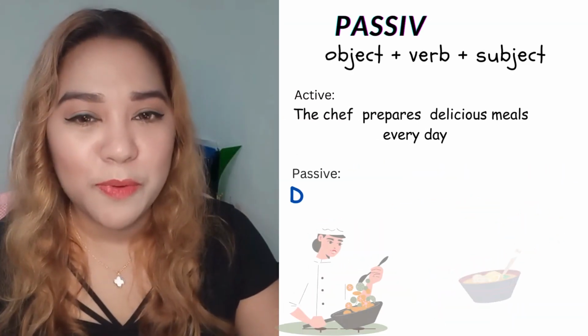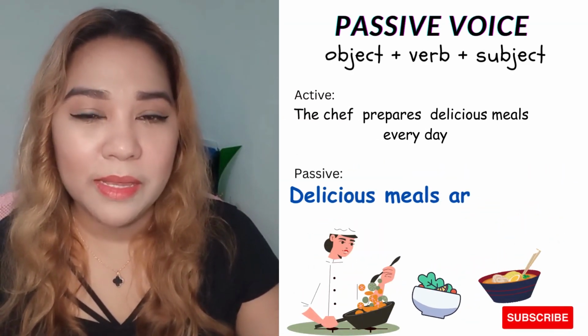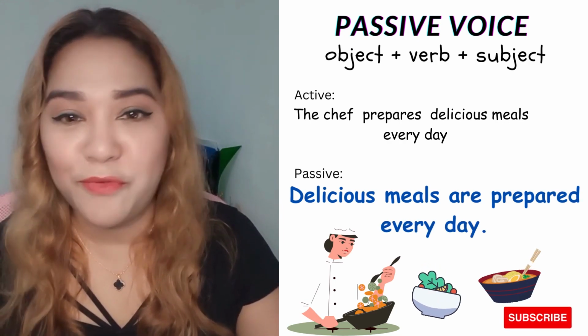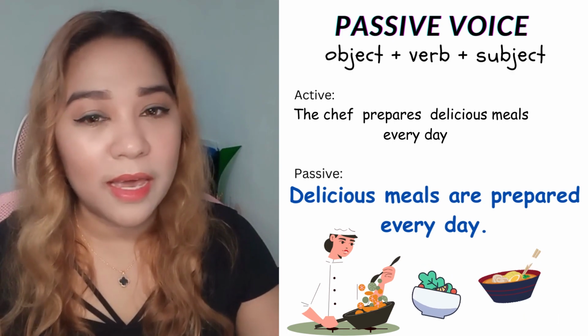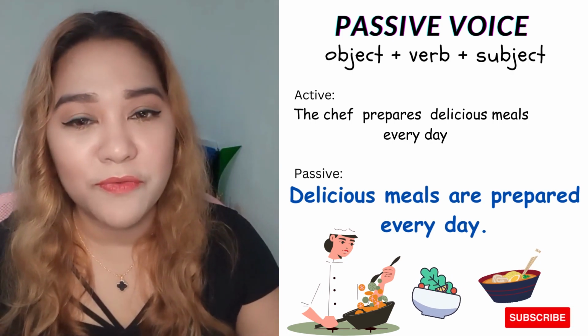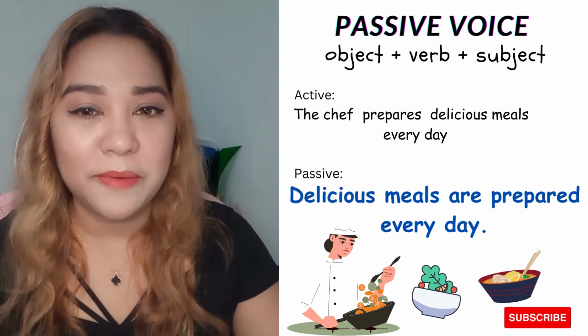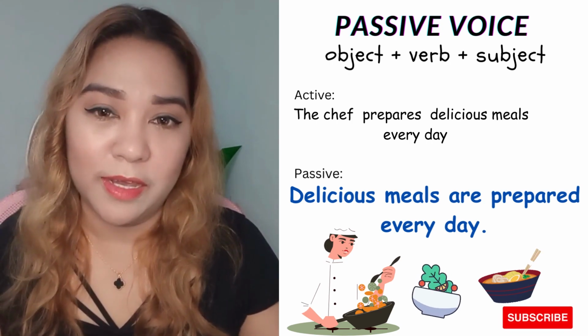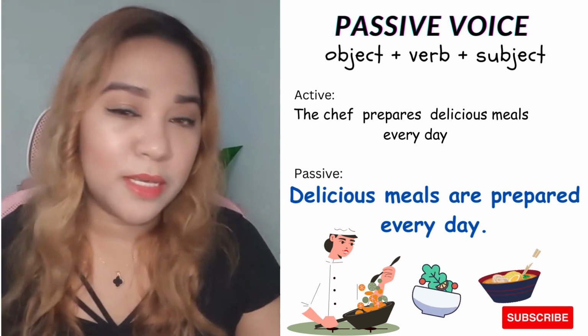Okay, now number 3, delicious meals are prepared every day. So again, I did not mention the doer of the action. If you don't want to mention the subject, then it's fine. But if you want to mention the subject, then it's fine as well.